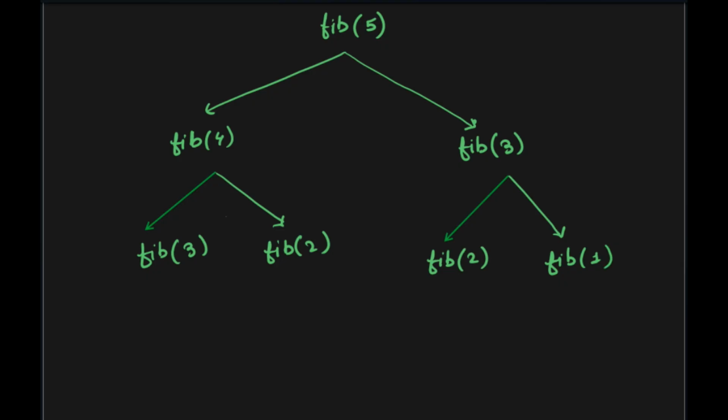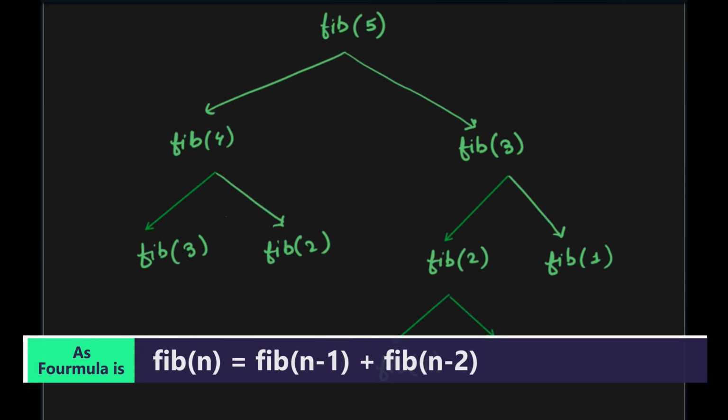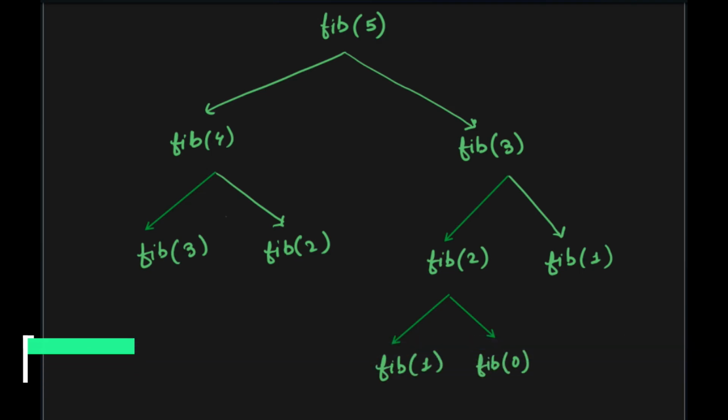Here Fibonacci of n-1, so Fibonacci of 1, and here Fibonacci of n-2, which is 0. And as I said, our base condition is when n is equal to 1 or n is equal to 0, then we will return with the number.